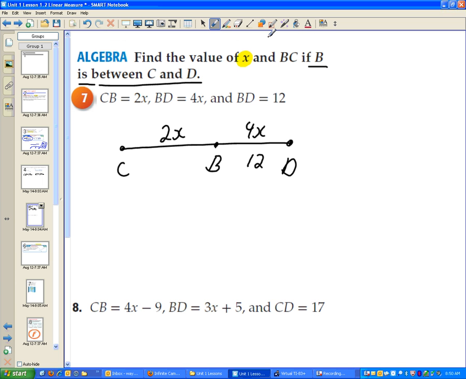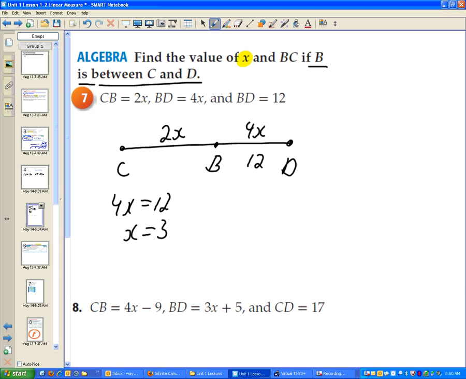Well, look at your drawing. What equation can I set up to find x? I'm going to end up dividing 12 by 4, but the equation is 4x equals 12. The 2x I don't need for the equation, do I? So 4x equals 12, and 12 divided by 4 is 3, so x equals 3.